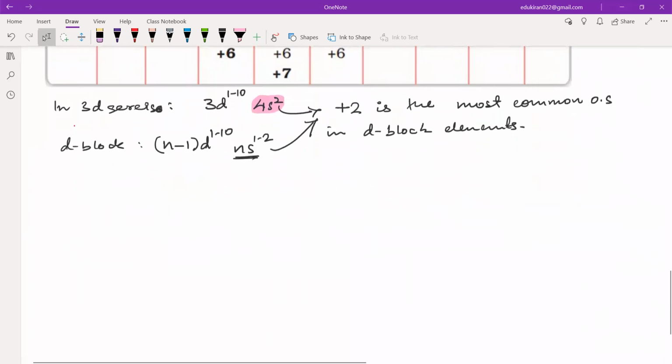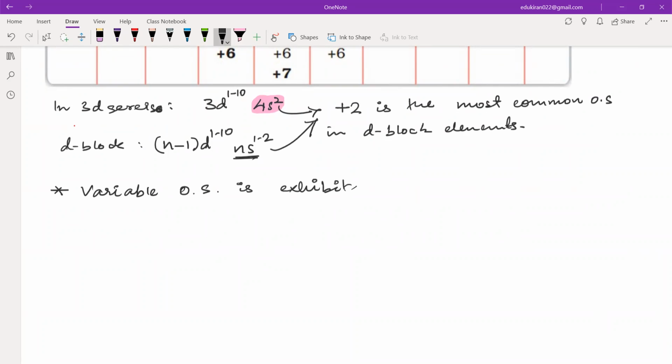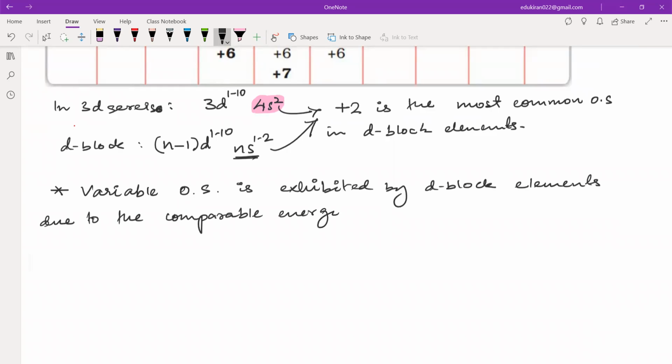So you can write here: variable oxidation state is exhibited by D block elements due to the comparable energies of the (n-1)d subshell and ns subshell. Okay, this is the reason.